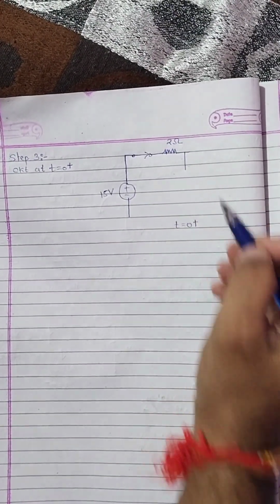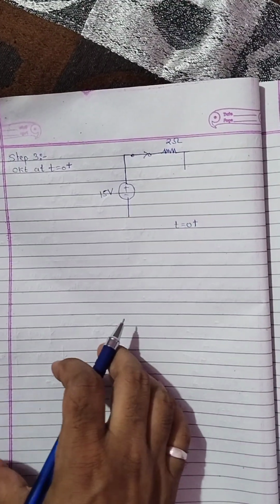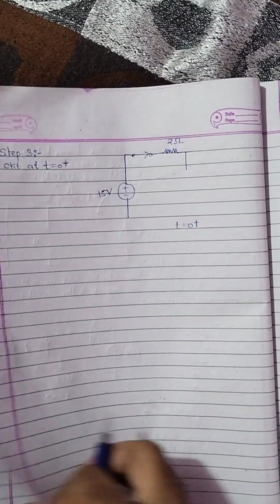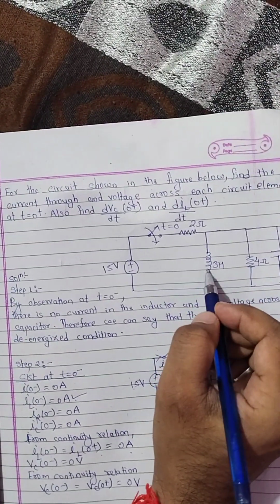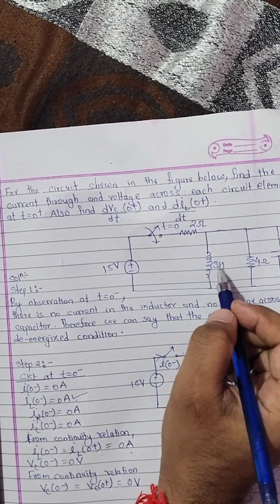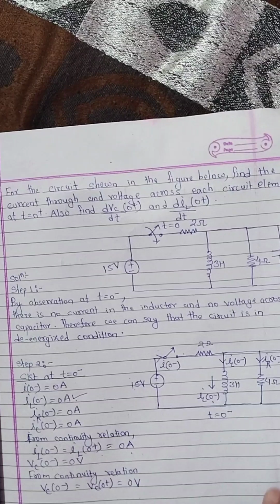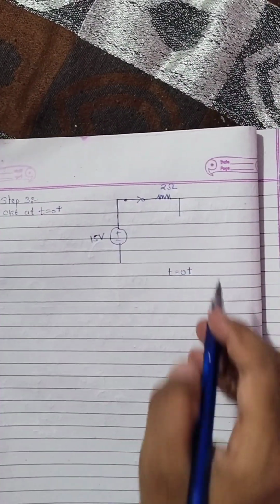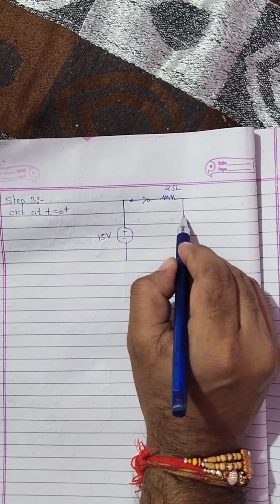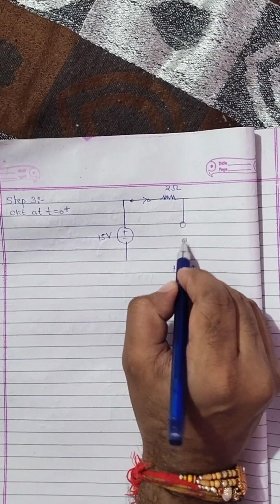At t equals 0 plus, since we know that this is a de-energized inductor, at t equals 0 plus it is replaced by an open circuit.